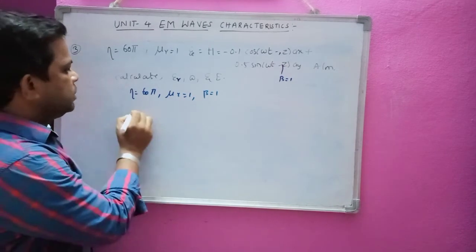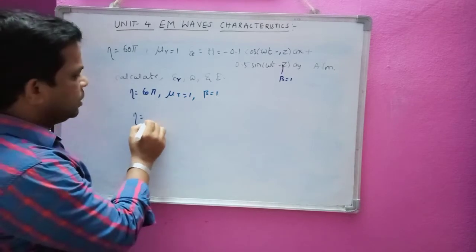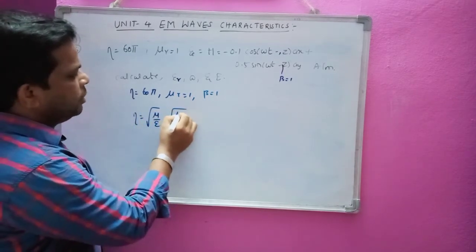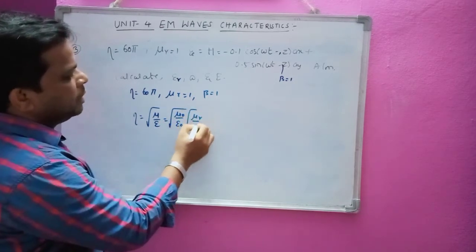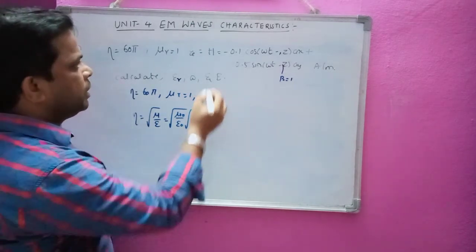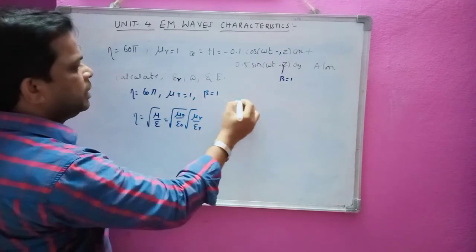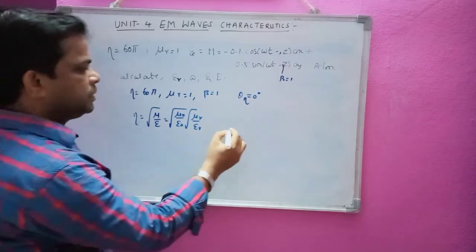We know that eta is equal to square root of mu by epsilon, that is square root of mu naught by epsilon naught times square root of mu r by epsilon r. From this we can calculate the value of epsilon r, and theta of eta is 0 degrees because no angle is given.